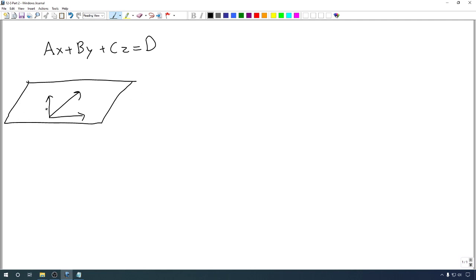Such a vector is frequently called a normal vector. Normal here is kind of like orthogonal. It's kind of a formal term for talking about things that are perpendicular.